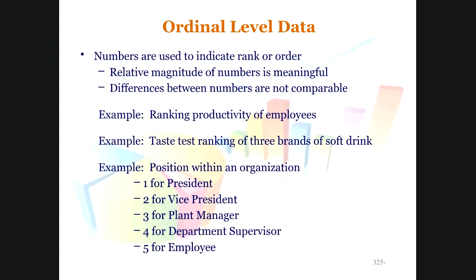We did a little bit of this for the ordinal level, where we assigned a ranking of productivity of employees, and the example we used was the ranking of 3 different brands of soft drinks. So before we go on, does anybody have any questions regarding whatever we covered in the last class?